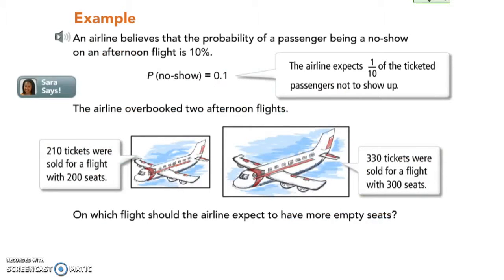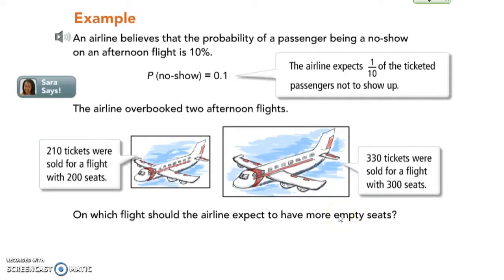And we can use probabilities to make predictions about a population. So if we know that the probability of a person no-showing is 0.1 or 10%, the airline expects 1/10 of ticketed passengers not to show up, then we can use that to calculate how many seats we would expect to be full.